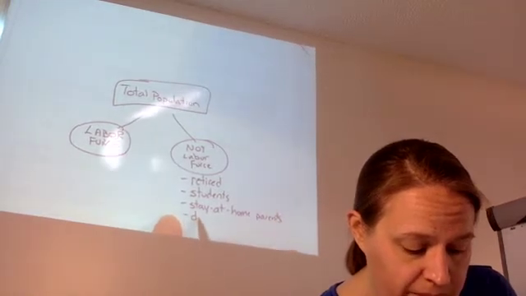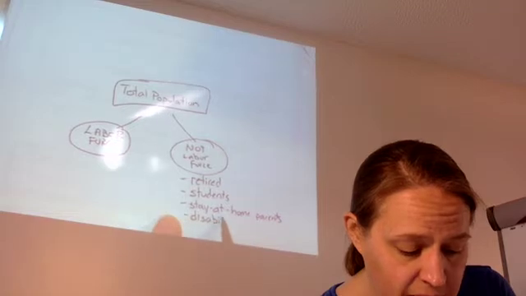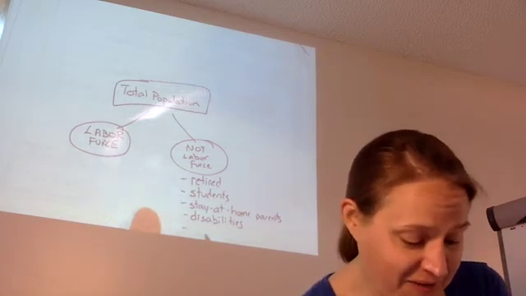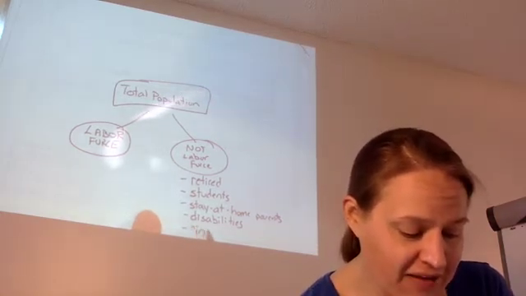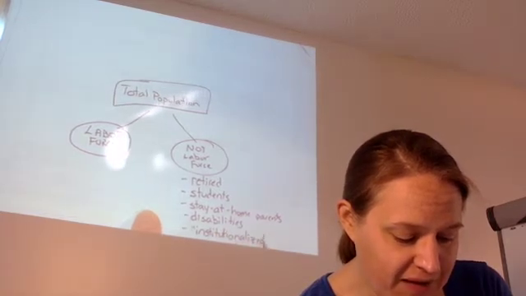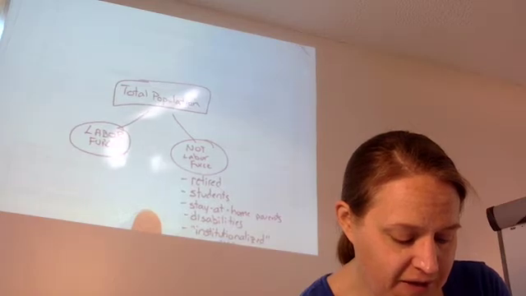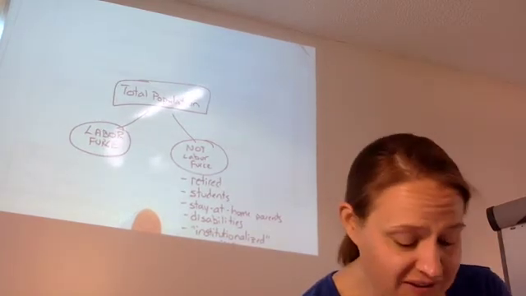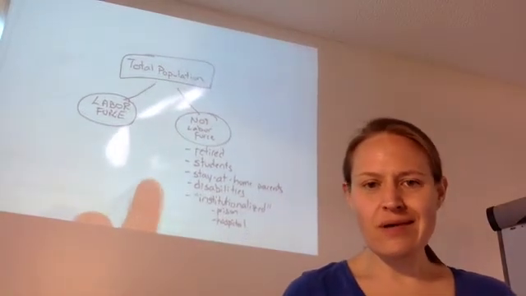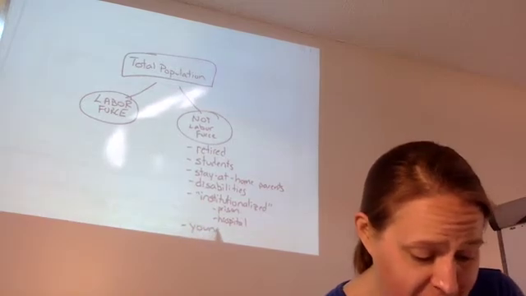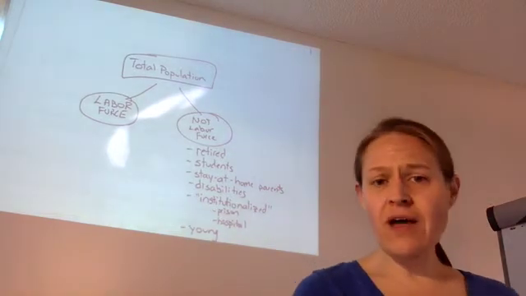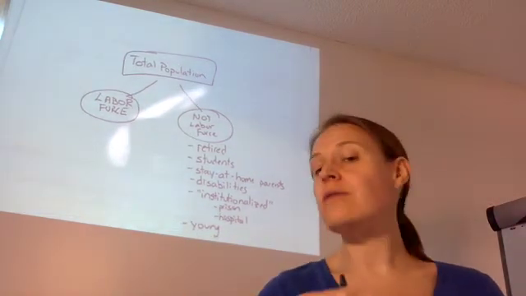People who have disabilities and they can't work. And then there's my second cousin who's in prison. So people who are what is called institutionalized. That means maybe they're in prison, maybe they're in a long-term hospital facility, something like that. Oh, and we forgot young people, right? My 11-year-old son doesn't have a job. All right, so these are all the people not in the labor force, who don't have jobs and aren't trying to find a job.